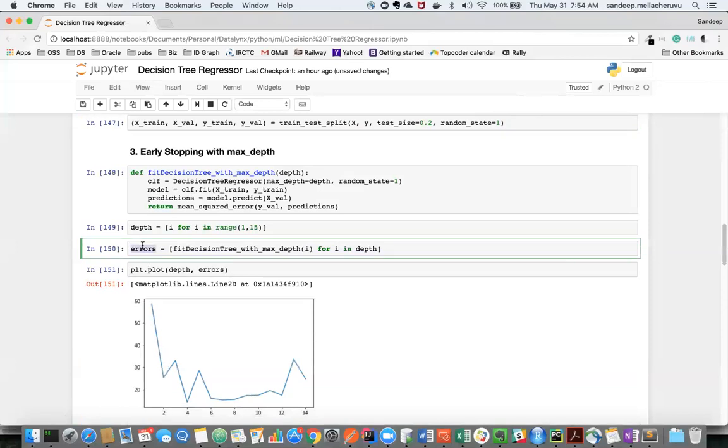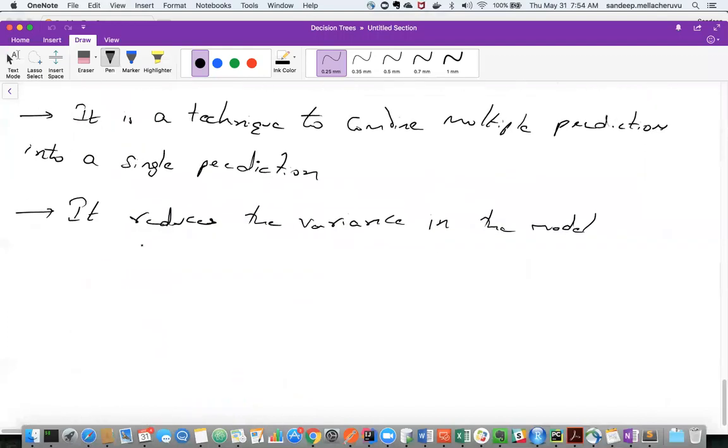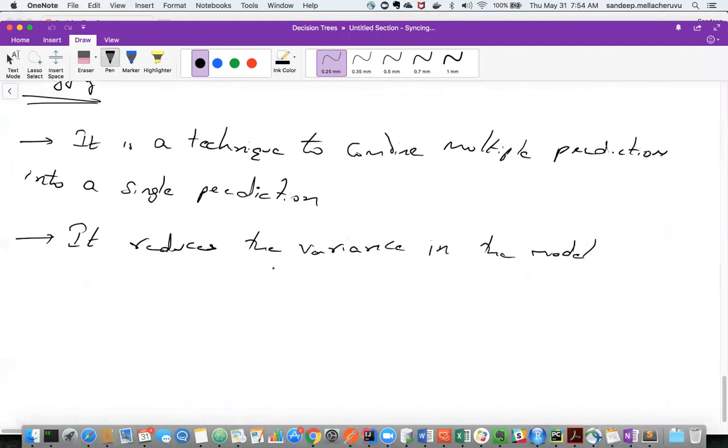What variance is saying is, you get a different model or different output every time you change your training data set. If the change is too much, you say that your tree has high variance, or your machine learning model has high variance. If your change is too little, then you say the variance in the model is low.